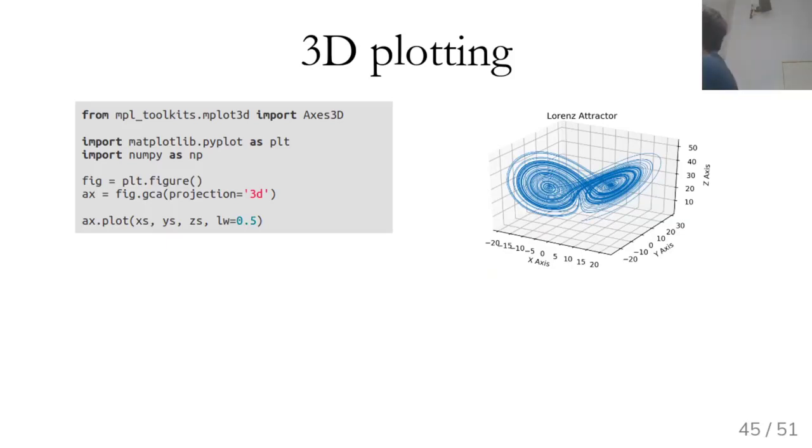You can also plot in 3D with Matplotlib. You need to import axes3d from mpl_toolkits.mplot3d. You just need to import it, you don't do anything with it. And then when you create an axis, you need to set projection equal to 3d. If you have an interactive axis, you can spin it around and pan and zoom.